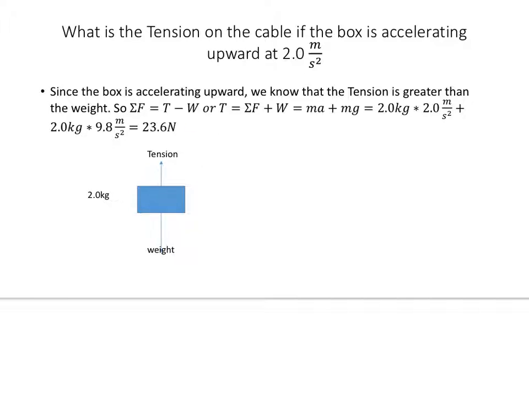So if we want to find the tension, then we just say the tension is equal to the net force plus the weight. Well, the net force is going to be ma, so that's the mass of the box, times its net upward acceleration, which is 2 meters per second squared, plus the weight, which is 2 kilograms times 9.8, or 23.6 newtons.